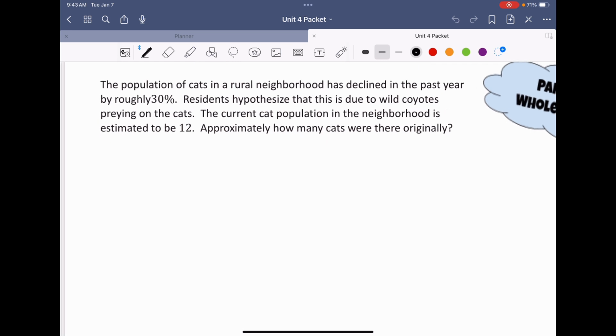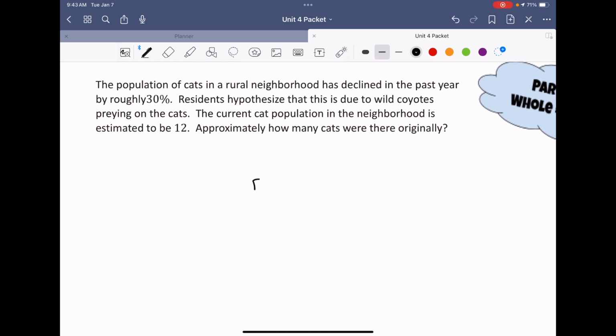All right, so let's set up our formula. Part equals percent times whole. And our cheat sheet: the new amount is the part, our percent, and the original is the whole.